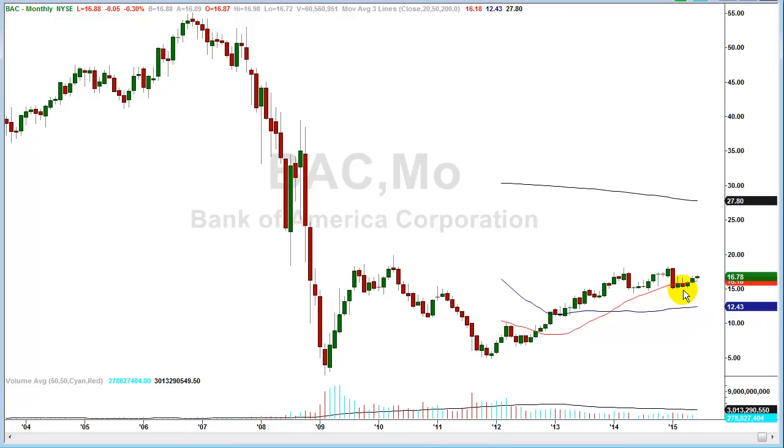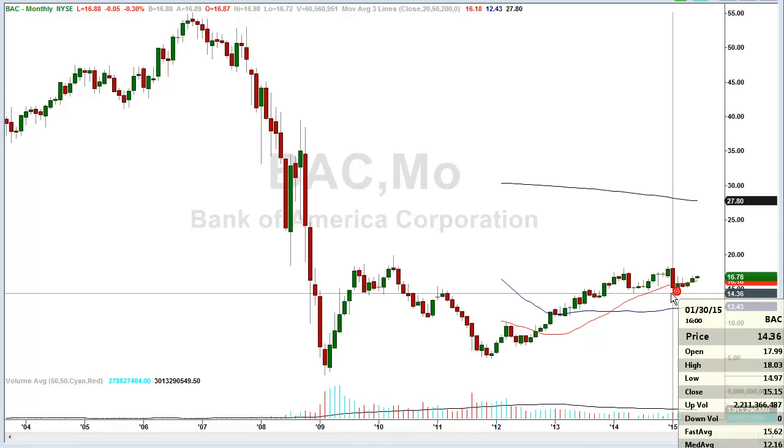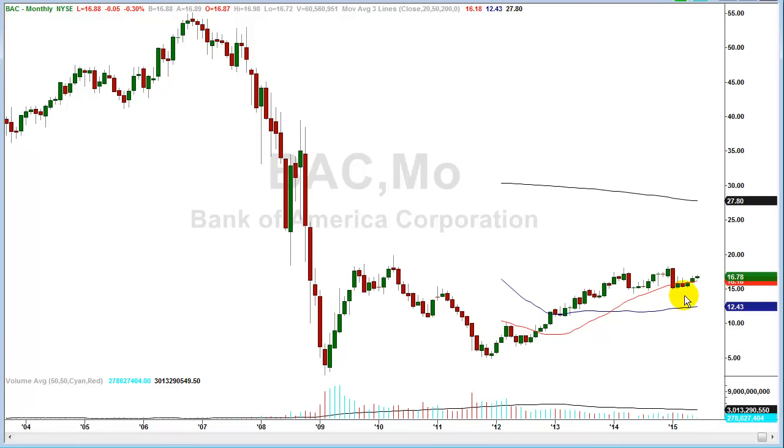If you don't close a month above 18.03, this will go down to, depending on where it comes from, maybe $14, $15 tops, $14, something like that. That's ugly. I don't want that.